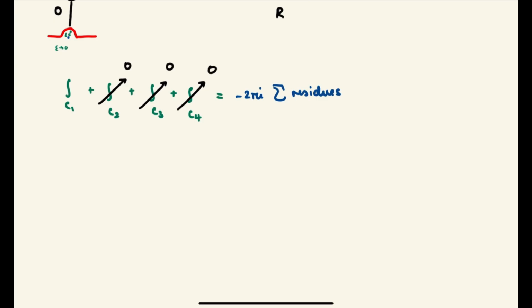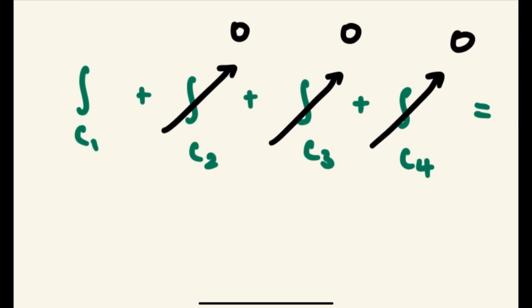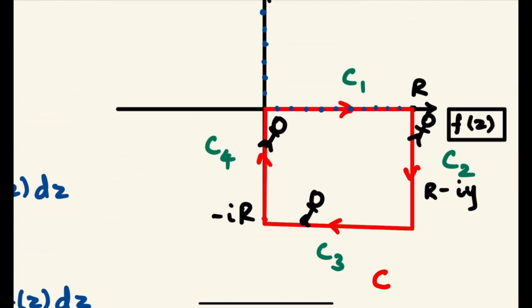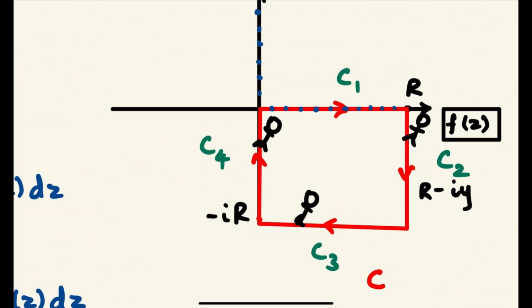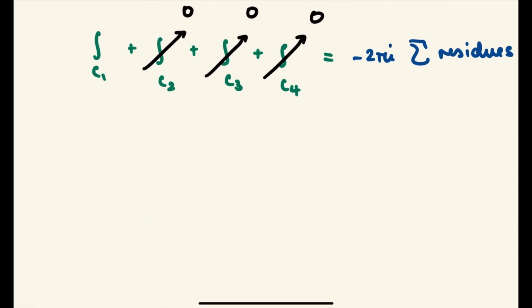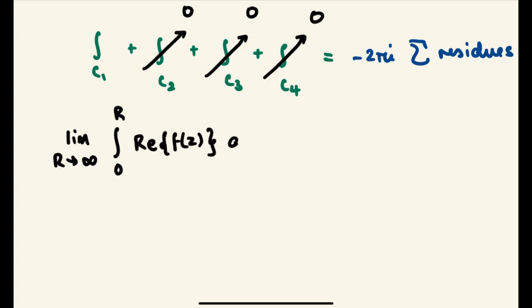Okay, it's starting to look really, really nice at the moment. We have this integral right here. Now, that integral is done on the real axis, and we're going to let r go to infinity as well. So we're taking the limit as r goes to infinity, and it's on the real axis, from 0 to r. So we only want the real component of f of z dz, okay?